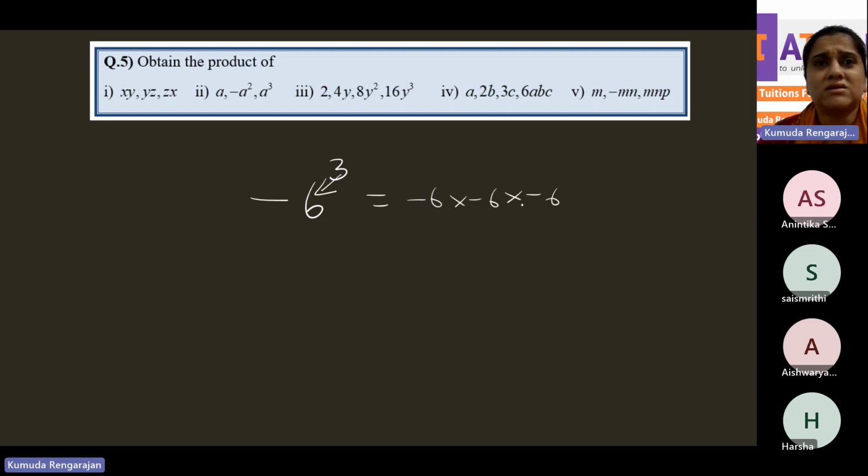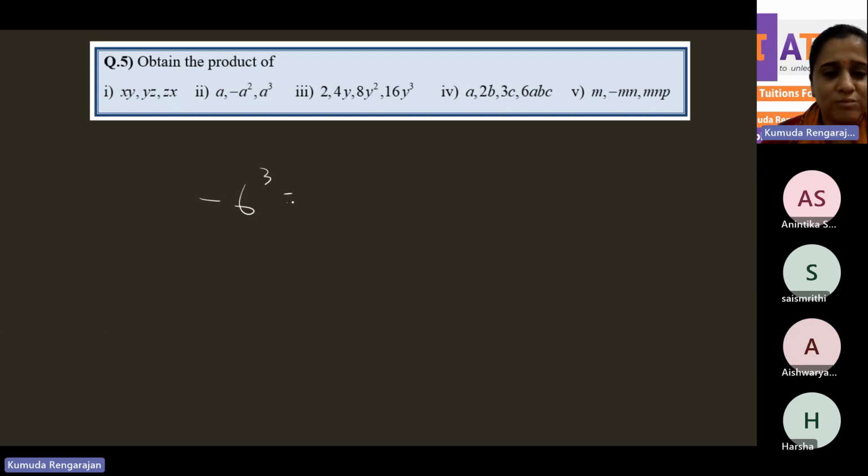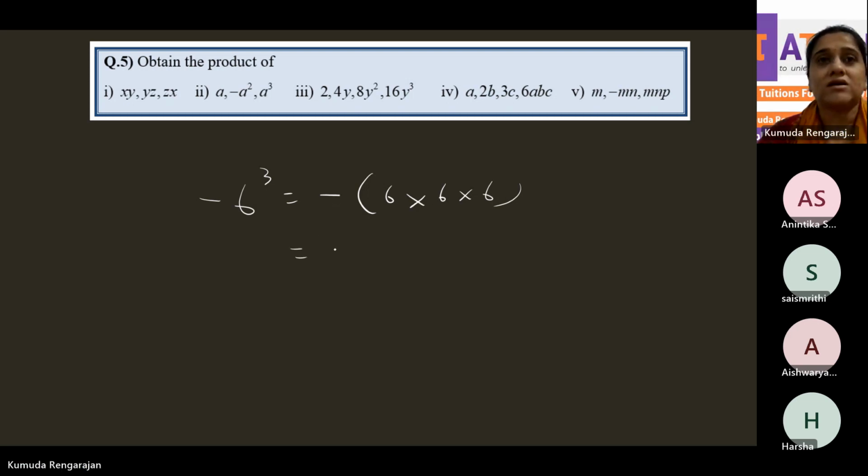No, it's not that. You know what it is? Minus 6 cubed is minus 6 into 6 into 6. So 6 into 6 into 6 is 216, and it is minus 216.